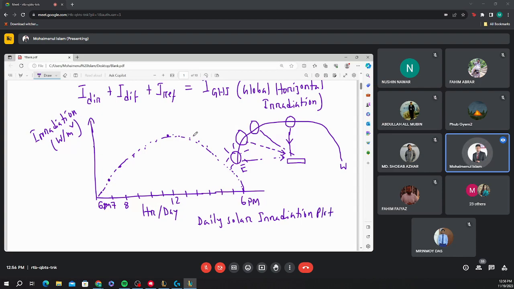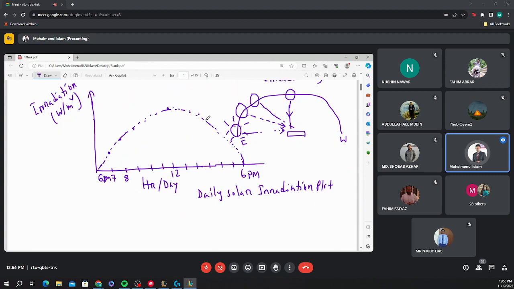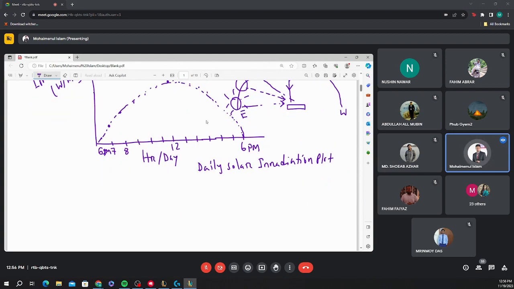So why is it necessary? Because based on that, you can understand in which portion you are getting the maximum energy. Also, the amount of total daily energy you can calculate from this daily solar irradiation plot. How? Suppose you are trying to calculate the energy.